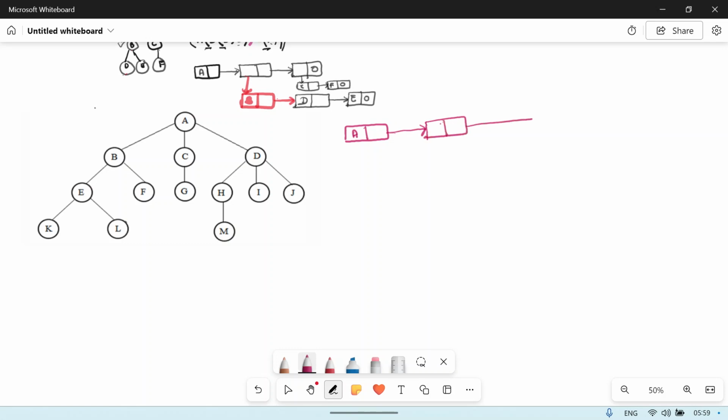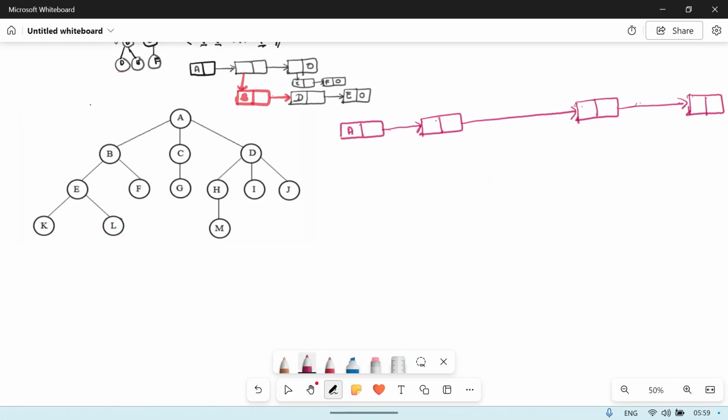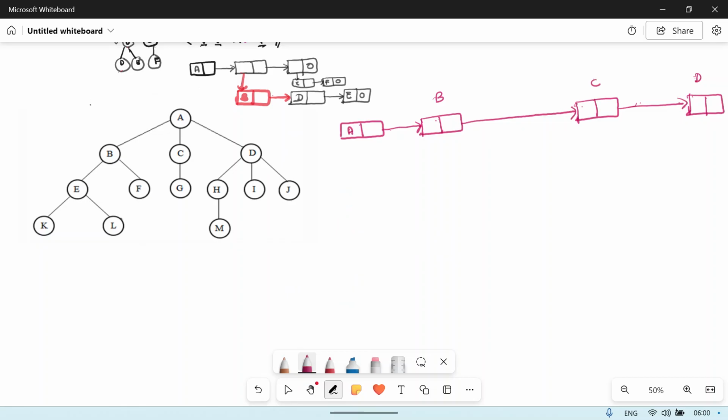One for B, one for C, and the other one is for D. Now, this is for B. Remember, this is for C. Remember, and this is for D. Now, before this, you have to first check if B is having any child node.